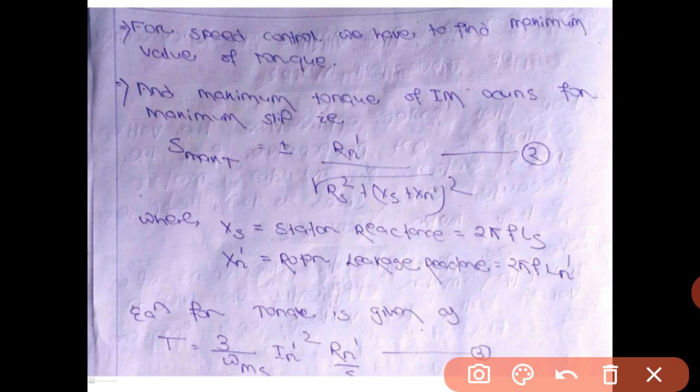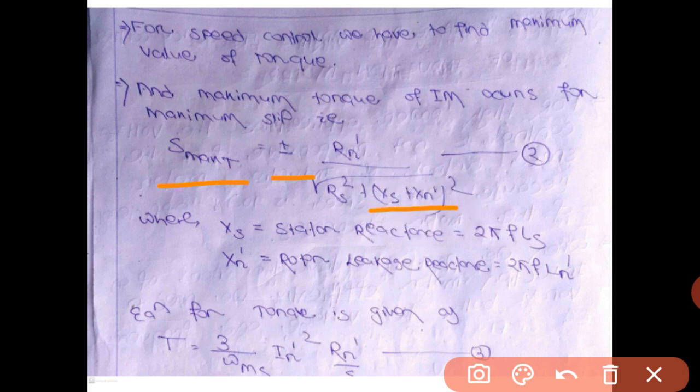The maximum slip, s_max T, is equal to plus or minus Rr' divided by the square root of Rs² + (Xs + Xr')². Here we have two values of maximum slip. The positive value is for the motoring condition and the negative value is for the braking condition.